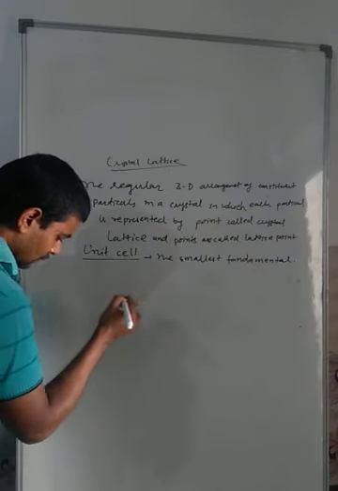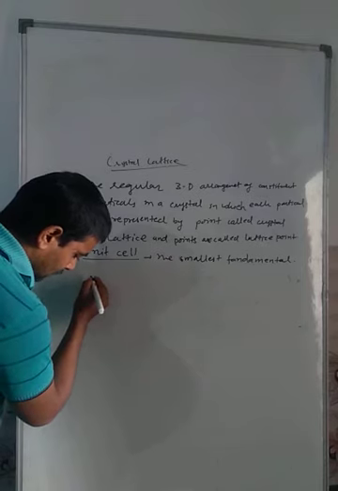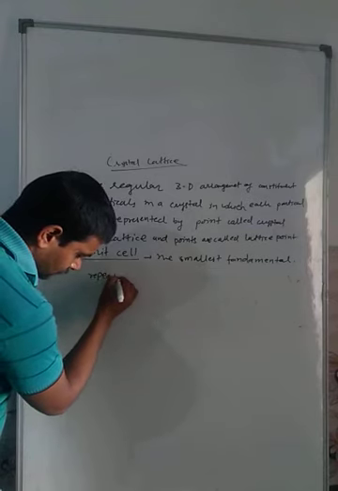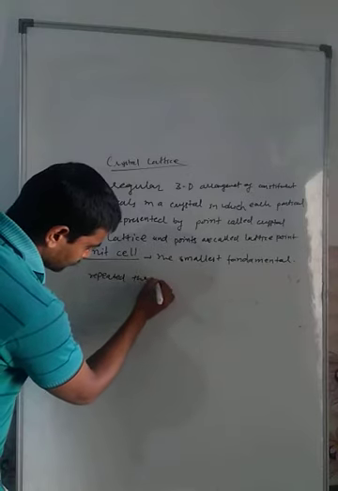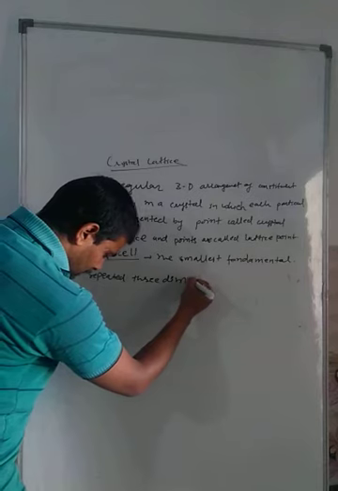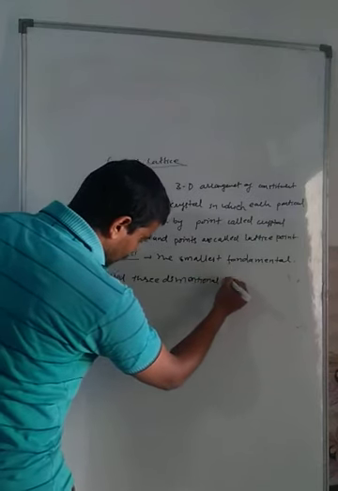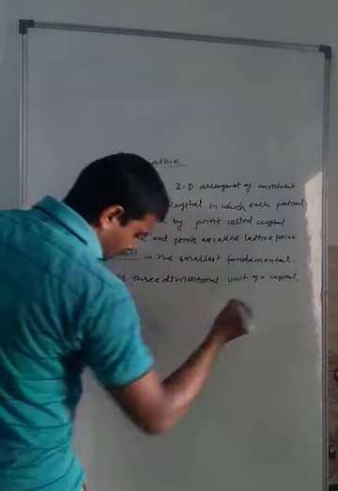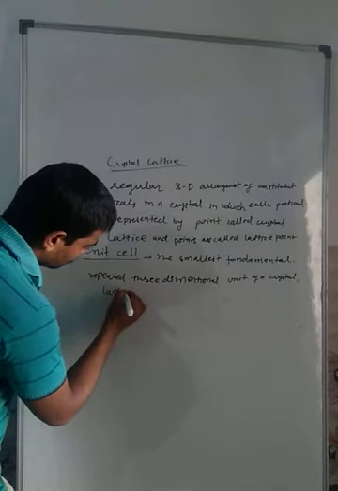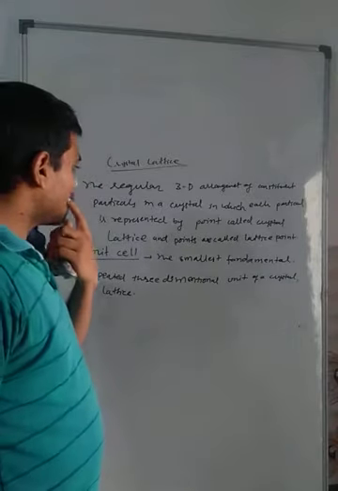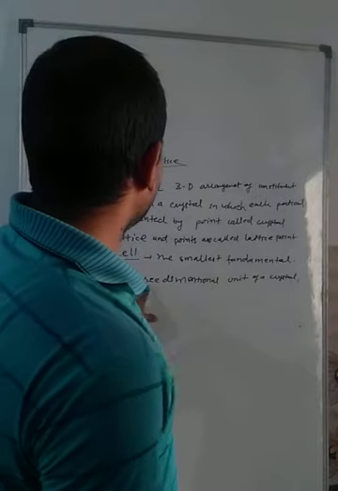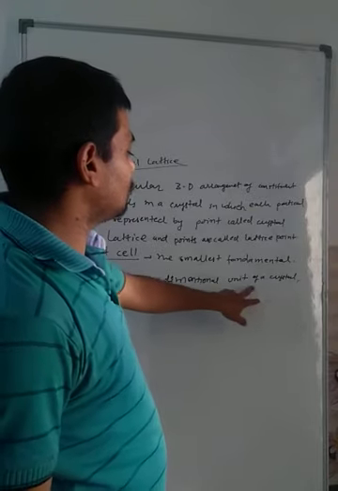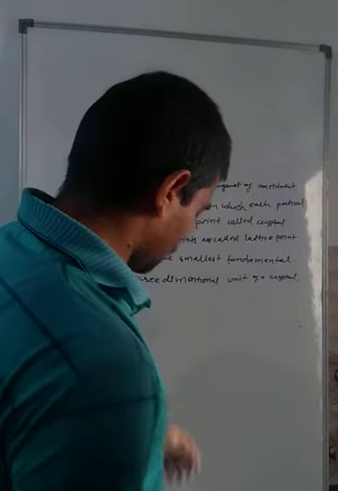The smallest fundamental repeated three-dimensional unit of a crystal lattice is called a unit cell.